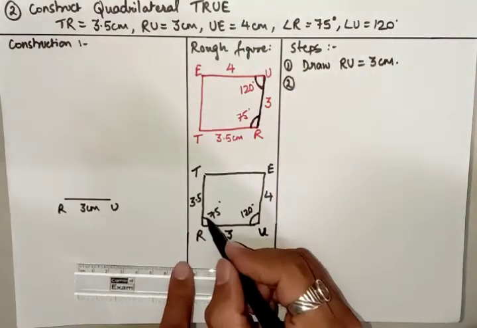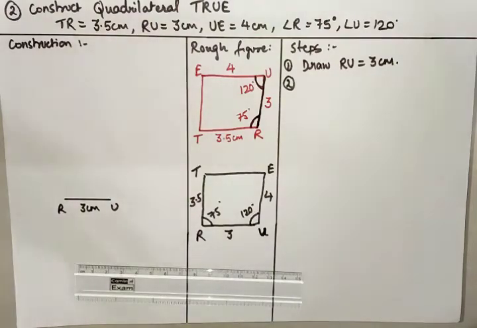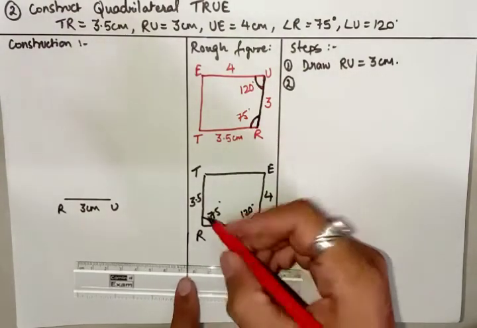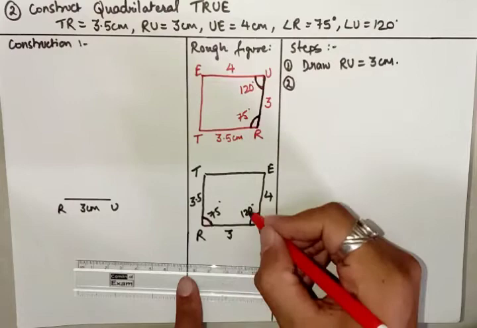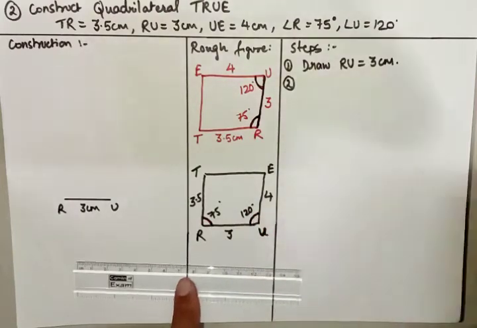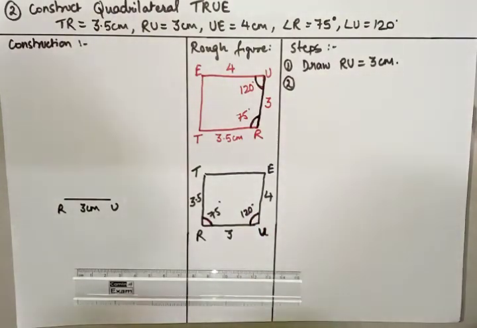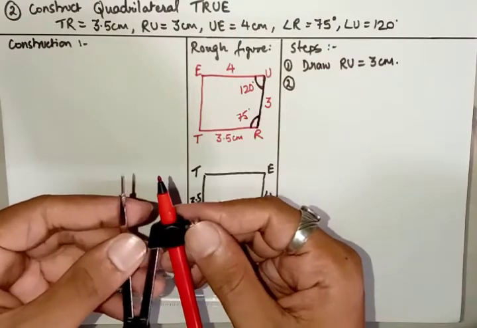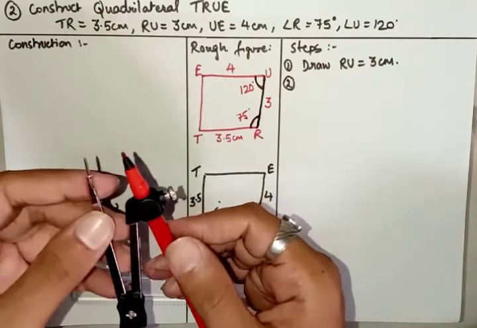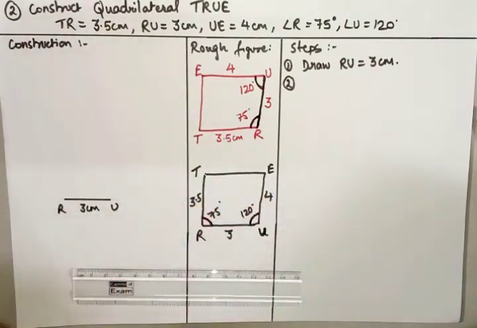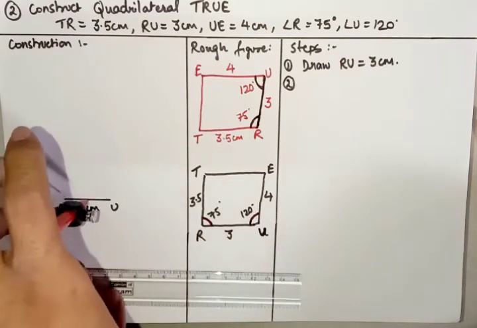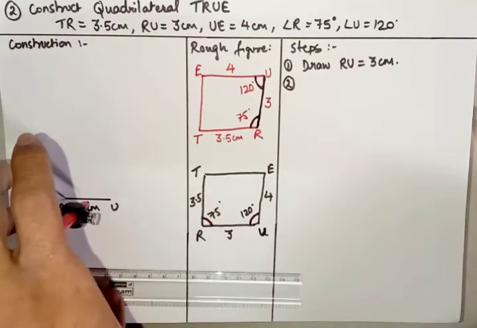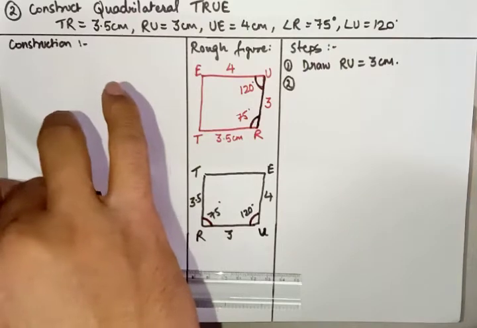Now we have to construct angle R equal to 75 and angle U equal to 120 degree, right? This one we have to do. Angle R we have to construct of 75 degree and angle U we have to construct of 120 degree. So taking some fixed arbitrary radius, say this much small, because the line is too small, keeping at R point, I am drawing it.